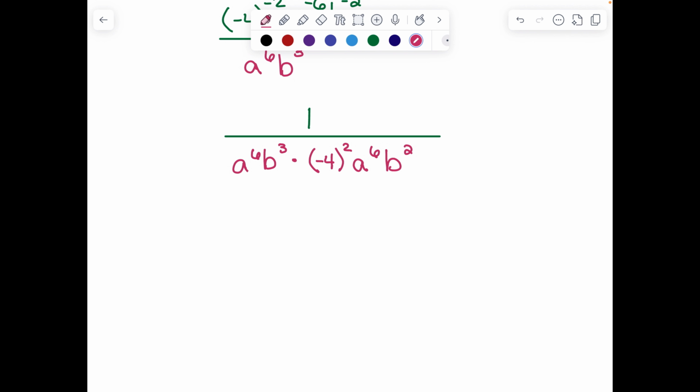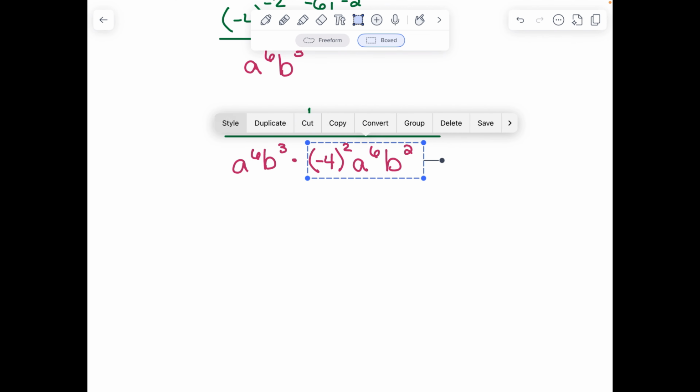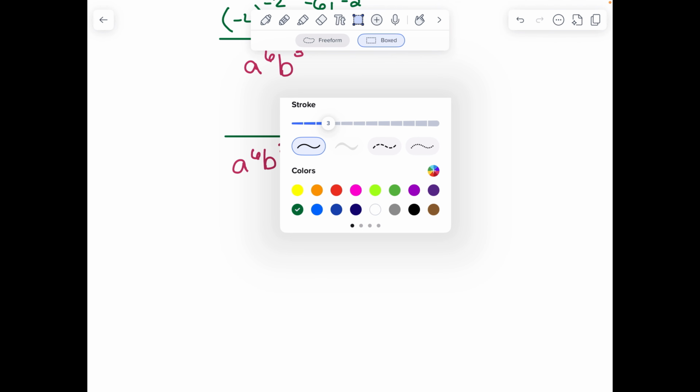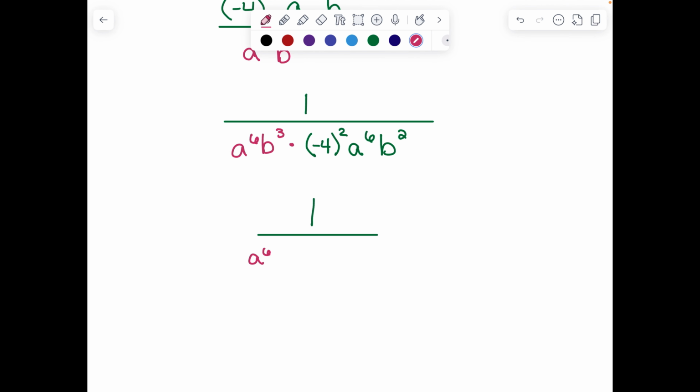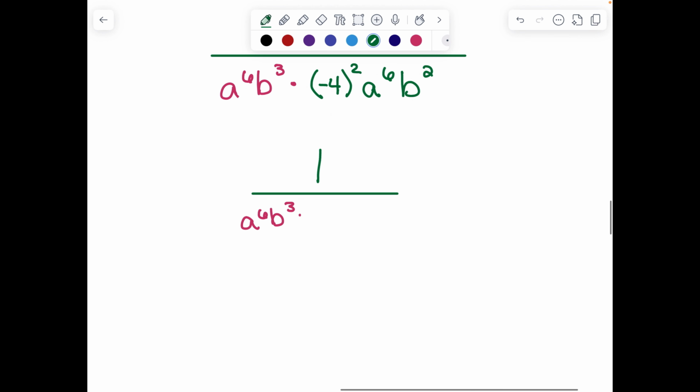So now I'm just going to go ahead and simplify down here. This 1 in the numerator stays. A to the 6, b to the third doesn't change yet. Times negative 4 squared will give me positive 16.